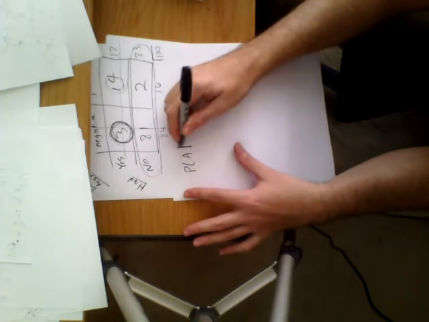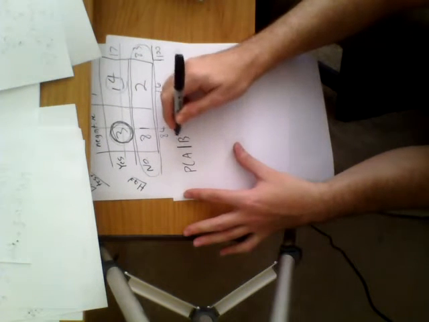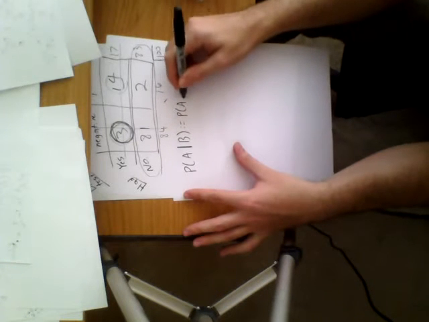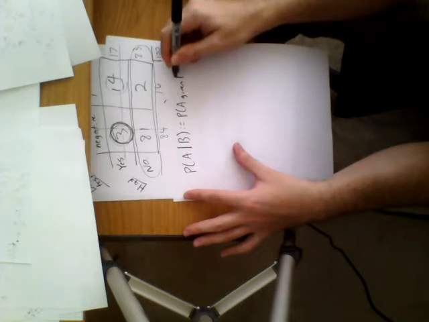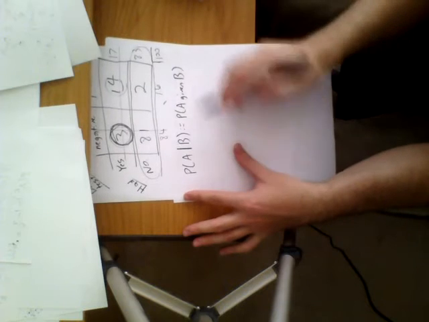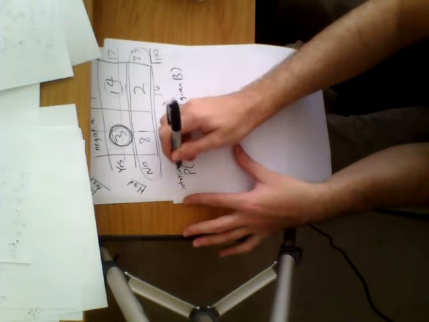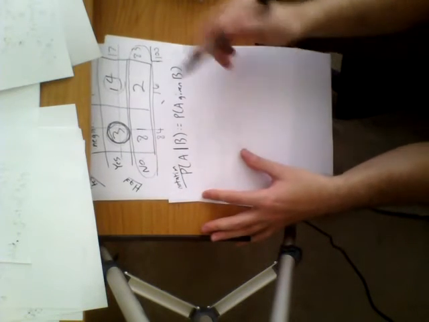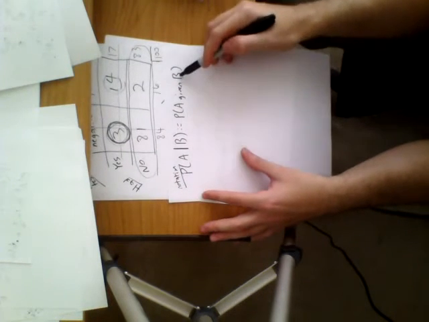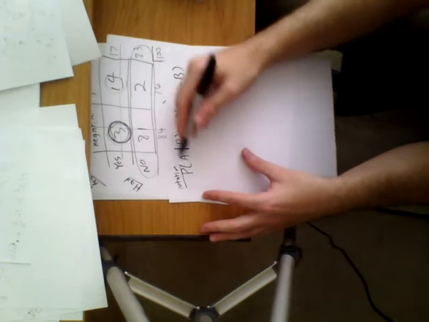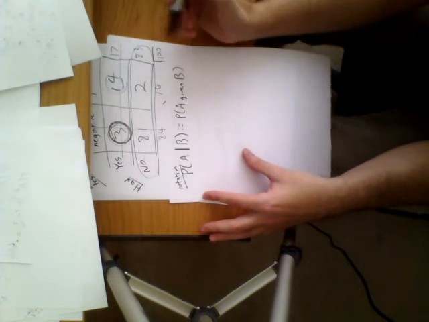Probability of A, we've got this line here, B. This means probability of A given B. So this is conditional probability. This is just a matter of notation. So you know when you see it in the book, this is really what's happening. So what's given to you? B happened. So what's the probability of A after B happened?